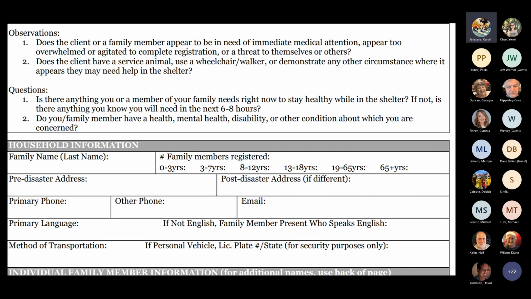Maybe it's their medication that they left without, and they're okay now, but they need medication in a few hours. So we want to make sure that we get them to health services, mental health, whatever they need, so that they can get it, but it's not where we have to drop everything and get them right away. And there's actually a form we use, I'll go over later, to keep track of that.